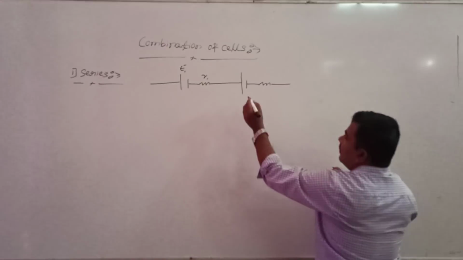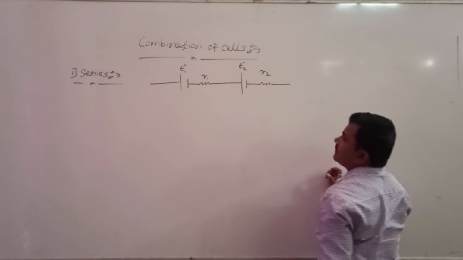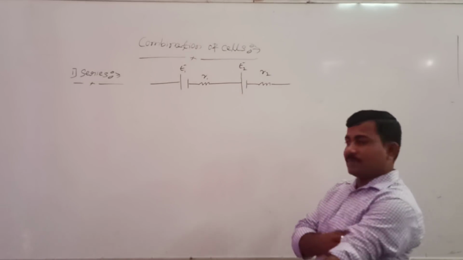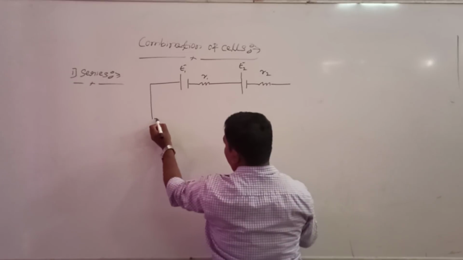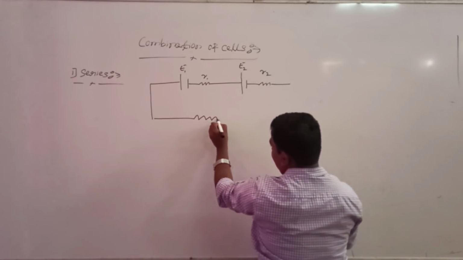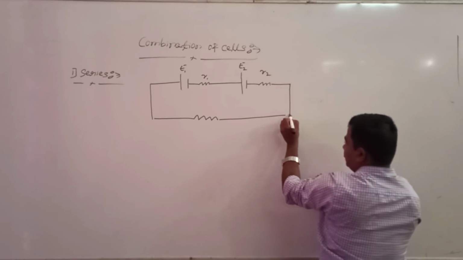Another cell has EMF E2 and internal resistance R2. This combination is connected to an external resistor.